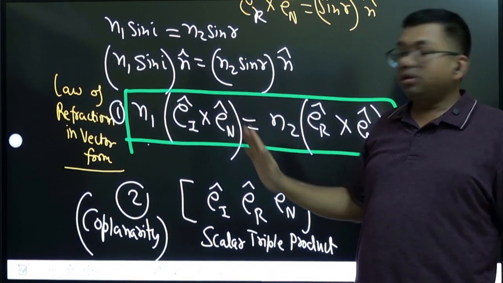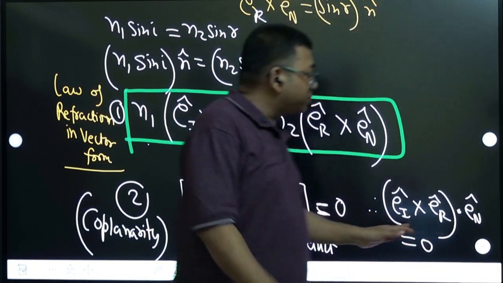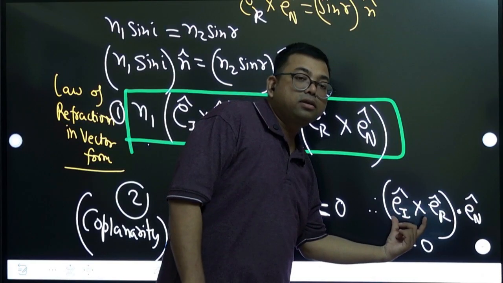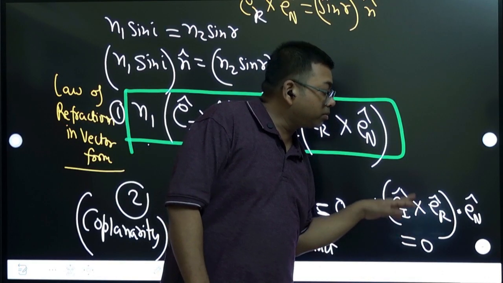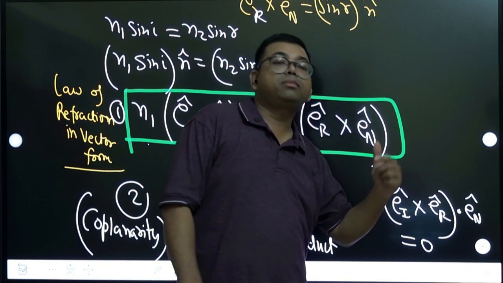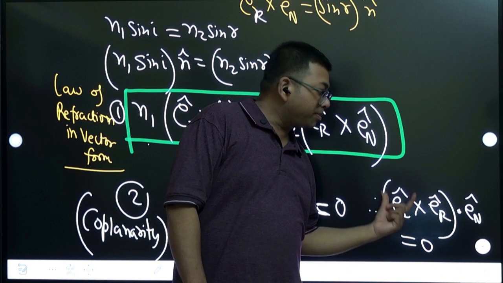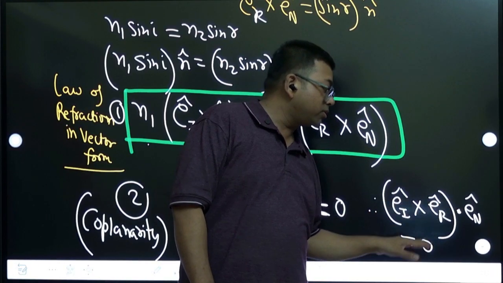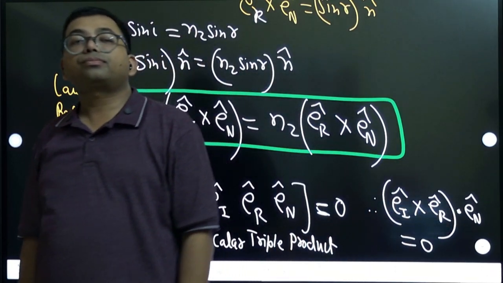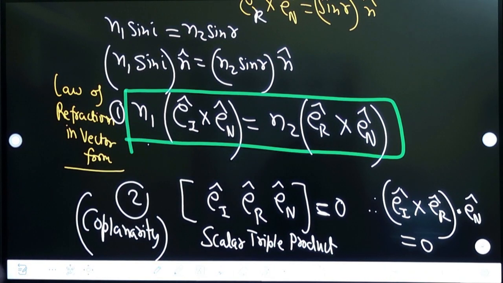So the cross product of first and second is perpendicular to the third also, so it is dotted 0. That's the condition for this. I hope you got it.